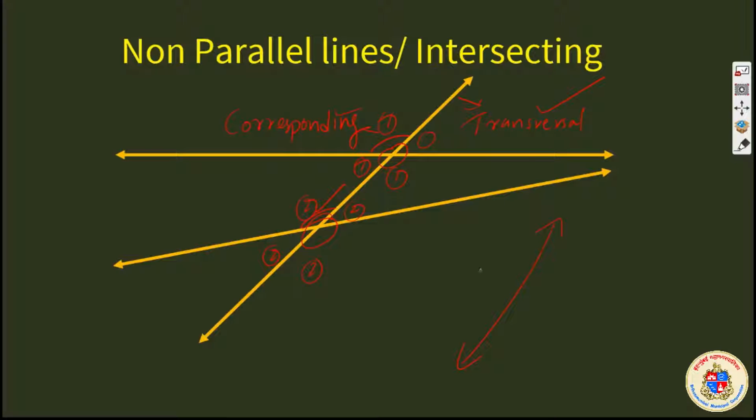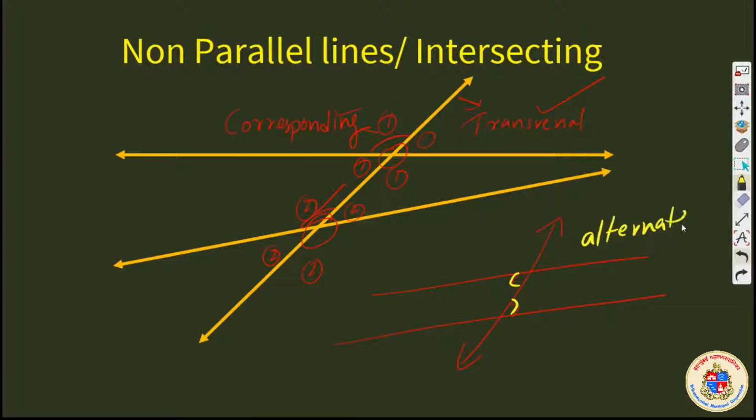Sometimes, if these two are parallel lines, an angle over here and an angle over here, we named these two angles as alternate angles. There can be alternate angles here also. There can be alternate angles here also.